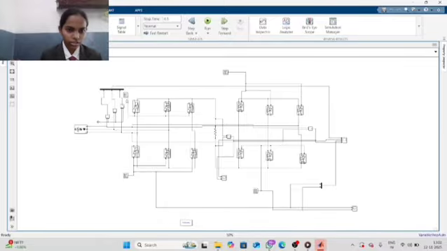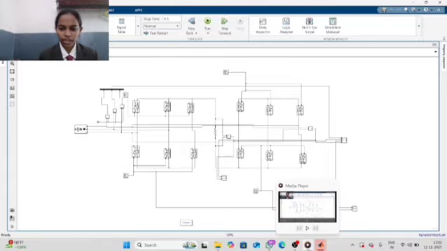And the pulse generator generates control pulses for the SCRs. Thank you. Next is explained by Sejal Gaikwad.